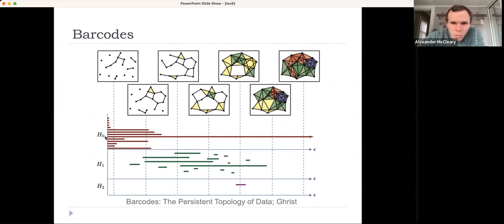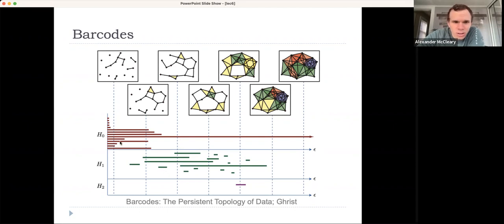And that's why we see this one bar that is born at 0 and just goes on forever and ever. It never dies. That's because eventually we have just one connected component, and that one connected component never dies. We don't ever go from one connected component to 0. So that's why we have that one bar that lives on forever. And here, this barcode is broken down by homology.